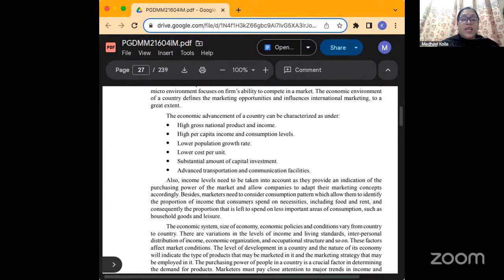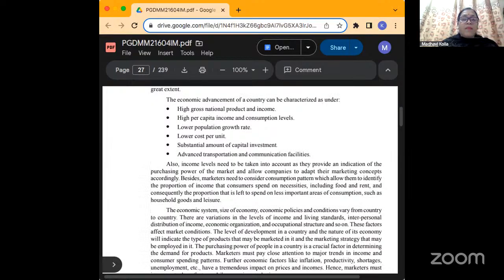However, in terms of their population growth rate, there may be a slide, but the cost per unit in, say, a country like China may be far less than even other nations. So, this kind of change is being brought about from time to time because of the environmental forces that are being played in the global arena.